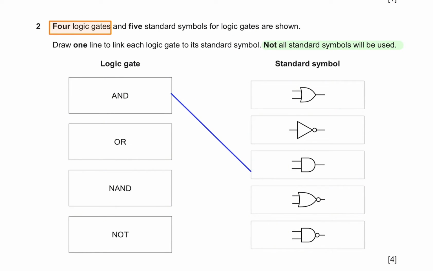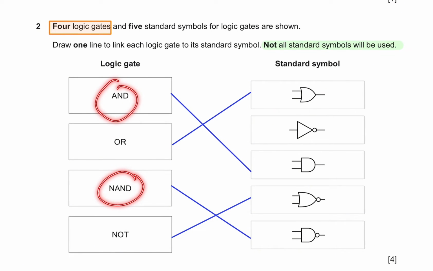What is the example of an OR gate? I think this will be an OR gate. NAND gate will look somewhat like this. A NOT gate will look like this. The difference between NAND and AND is that NAND combines a NOT gate and an AND gate.